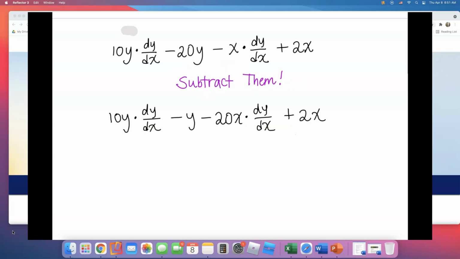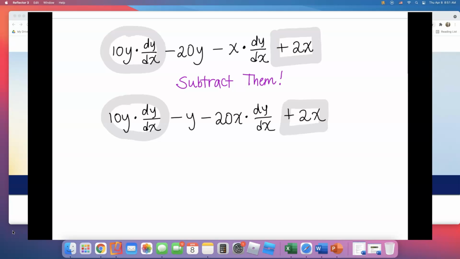So my goal is to subtract these two. If you take a look, 10y dy dx minus 10y dy dx, they cancel out. Yay, they canceled out. Another, 2x minus 2x, they cancel out. So all I need to do is maybe combine those two middle terms.